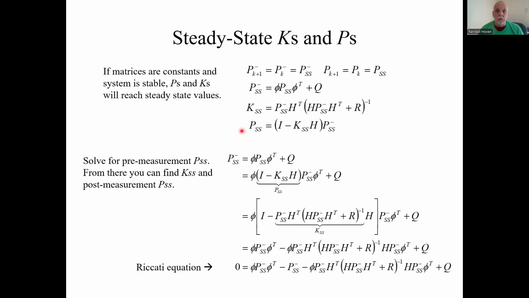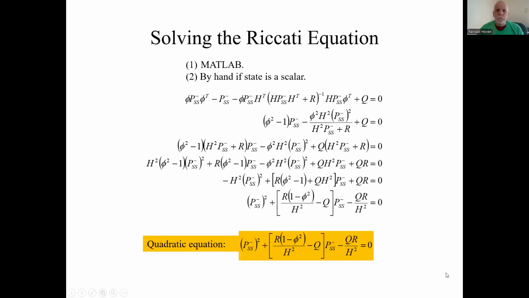I'm not going to go through this algebra. I just want to get through this fast. But if you go through the algebra of pre-computing them, you get this equation down here, which, yes, does look terrible. This is the so-called Riccati equation. And MATLAB, for example, has I think a one-line command that solves the Riccati equation.